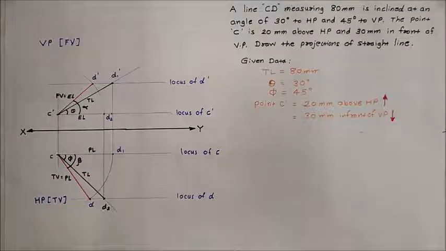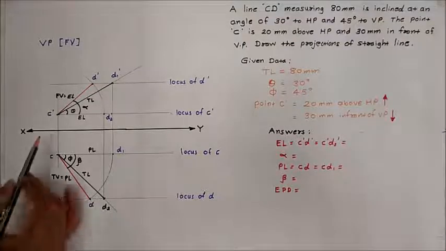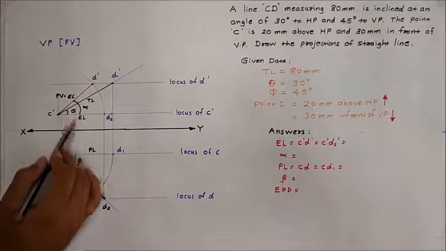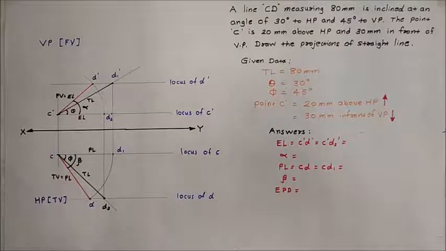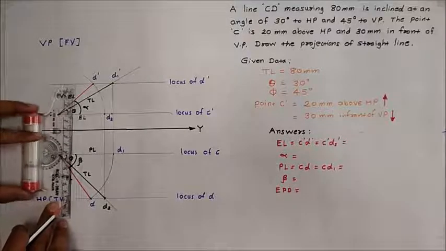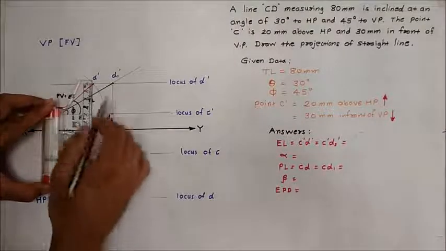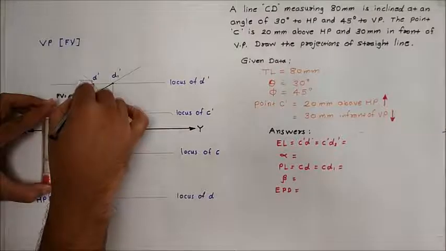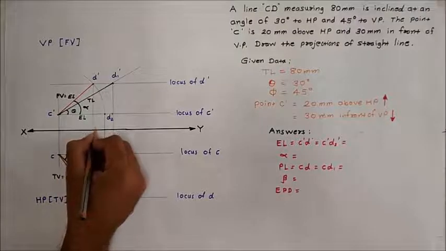Now we will note down the answers. Here, this elevation length we can measure, alpha angle we can measure, this plan length also we can measure, beta angle also we can measure. For getting the EPD, that is end projector distance, draw a projection line which passes through D dash and D. This projection line should be perpendicular to the XY line.